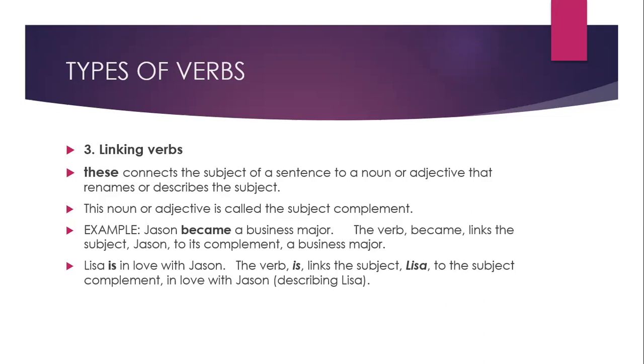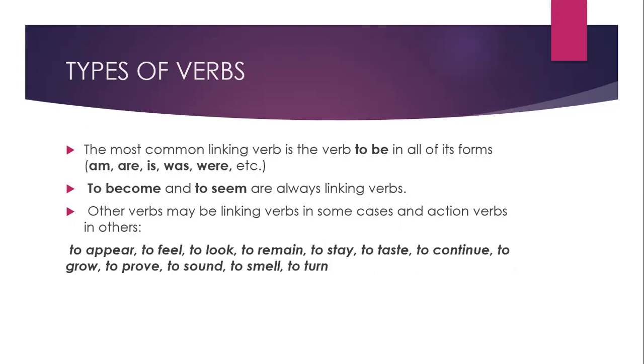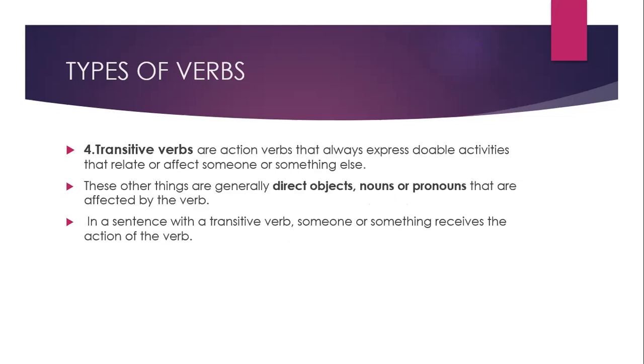So any form of the verb to be is a linking verb. So is, was, were, are, and all the other conjugated forms of the verb to be are examples of linking verbs. So that's what I've just said. The commonest linking verb is the verb to be in all its forms. Others are to appear, to feel, look, remain, stay, taste, continue, grow, prove, sound, smell, turn, and others. So these are more examples of linking verbs.